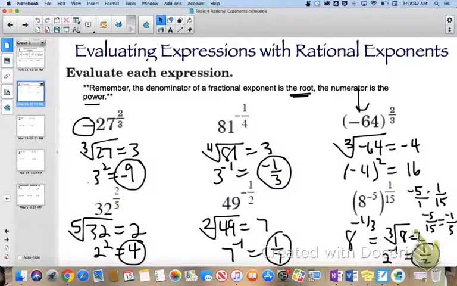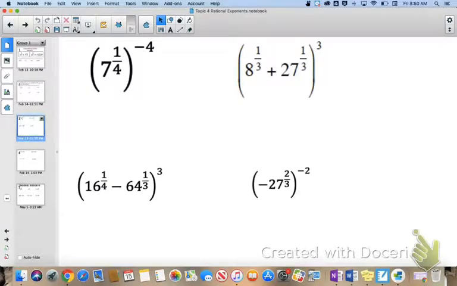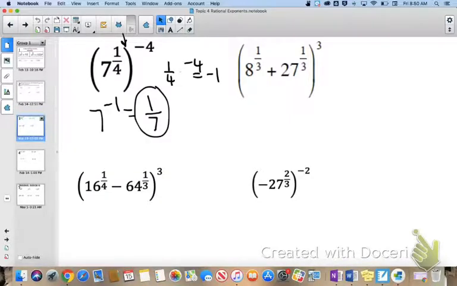Okay. Next, we have a few more where we've got to do a couple things first. So this first one, it is power to a power. So you multiply 1/4 times negative 4 is negative 1, right? Negative 4 over 4, which is negative 1. So 7 to the negative 1 is 1/7. The fourth one is the same, so I'm going to do that one next.